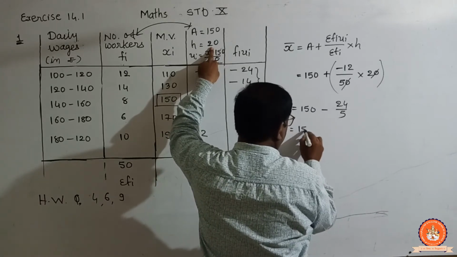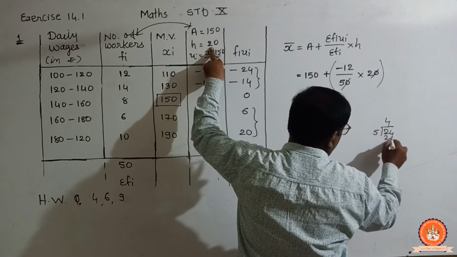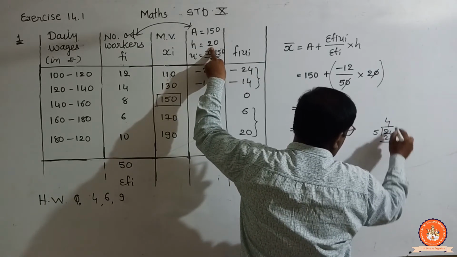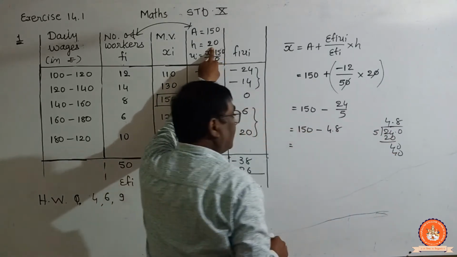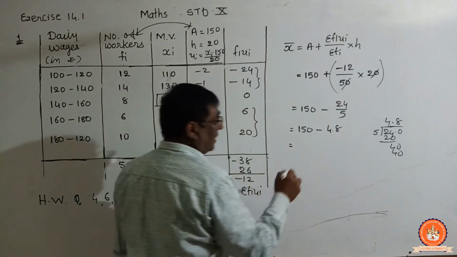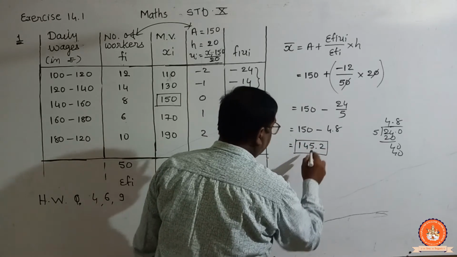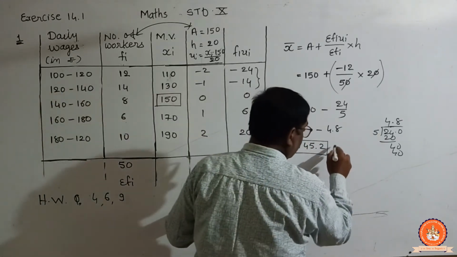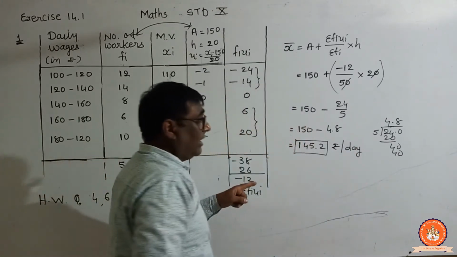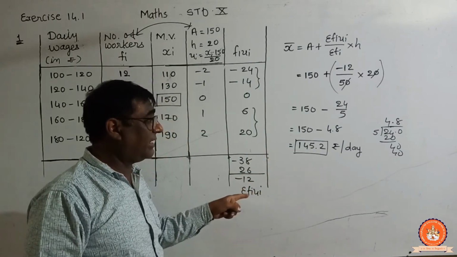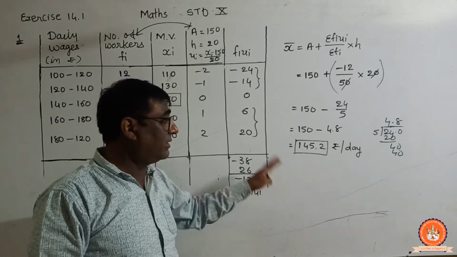So we will divide 150 minus 24 by 5. 5 eights are 40, that is 4.8. And by subtracting 4.8 from 150, we get 145.2. That is rupees 145.2 per day. It's daily wages, so this much money each day is what a worker gets on average.